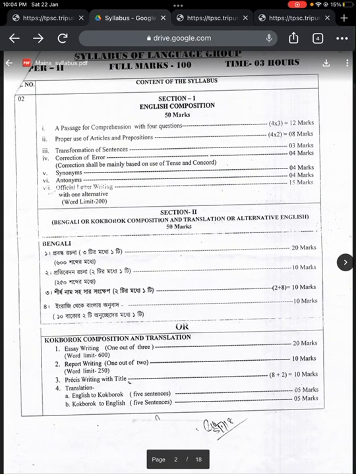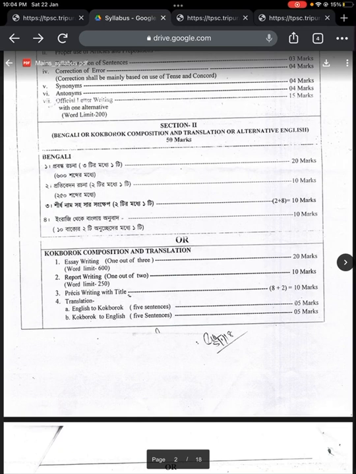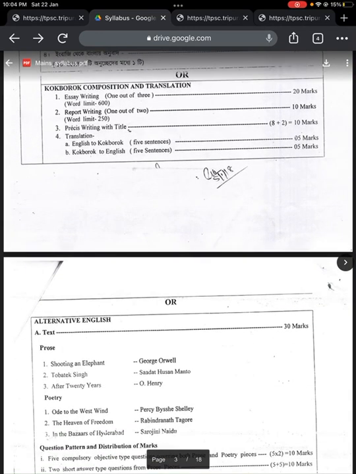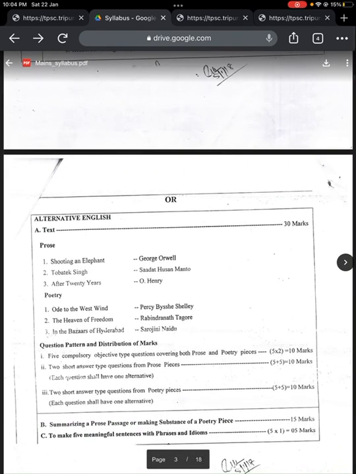Now many of you have this confusion in your mind about what to choose between these three portions. I would suggest that if you are good with English, comfortable with English, then go for alternative English, because of the marks distribution, you see 5 into 2, 5 plus 5, 5 plus 5, 15, and 5 into 1.